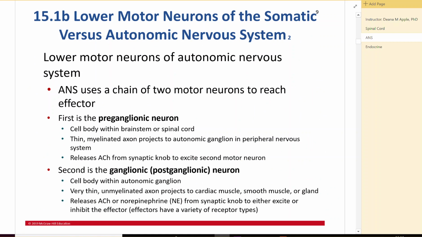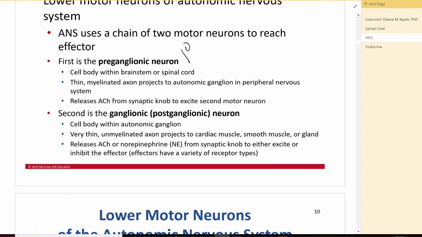So let's look at the autonomic nervous system. Remember, this is a 2 motor neuron chain. You've got one originating in the spinal cord and then one that originates in the autonomic ganglion. Preganglionic and ganglionic. So the first is that preganglionic. This is neuron number 1. The cell body is inside the spinal cord or in the brainstem if you're innervating something up this way.